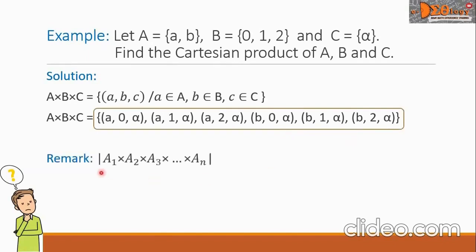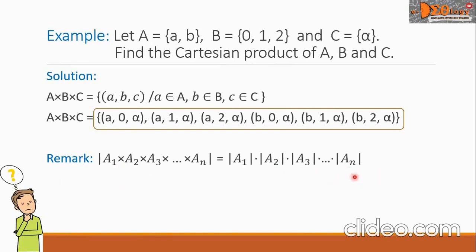There is a remark here with regard to cardinality of the Cartesian product. So we read, the cardinality of A1 times A2 times A3 times up to An equals cardinality of A1 times cardinality of A2 times cardinality of A3 times up to the cardinality of the last set, An.